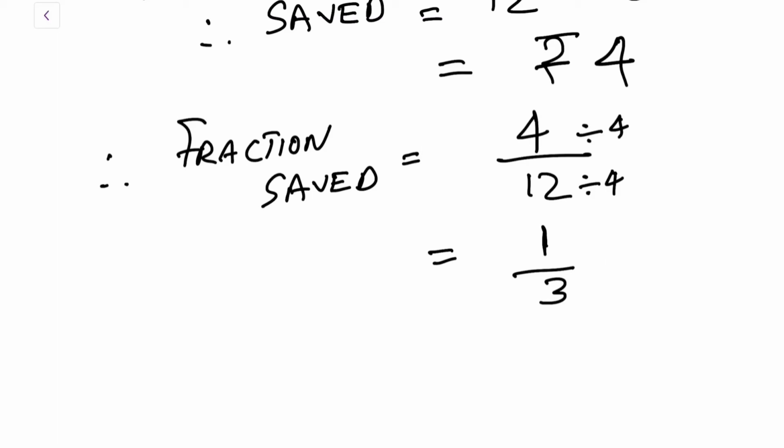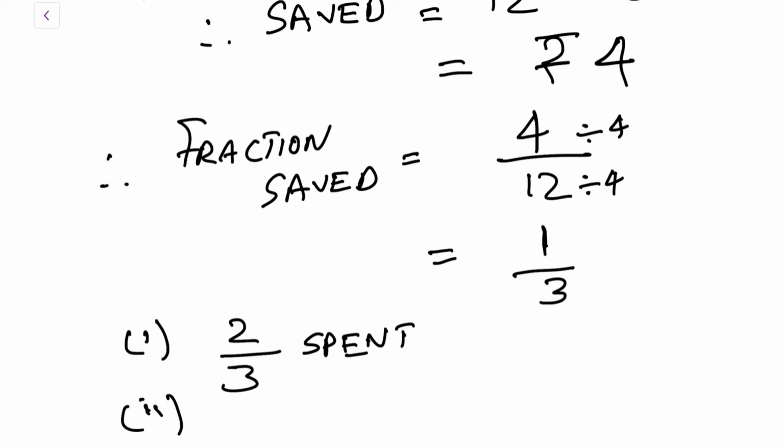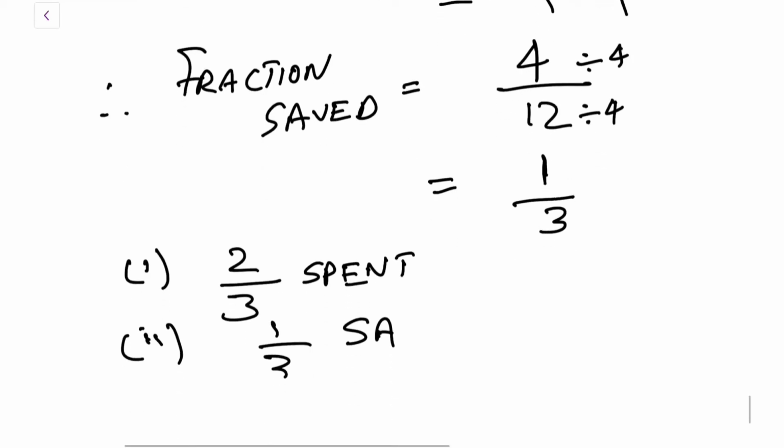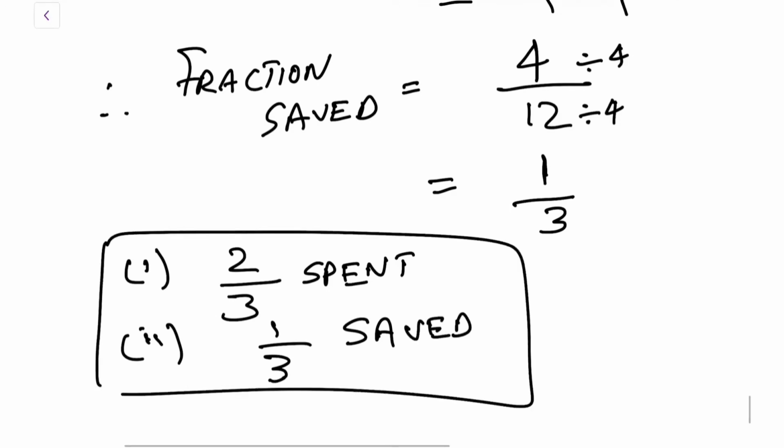Alright. So for the first answer, the fraction she spent is 2 by 3, and the fraction she saved is 1 by 3. This is how you can do these kind of word problems.